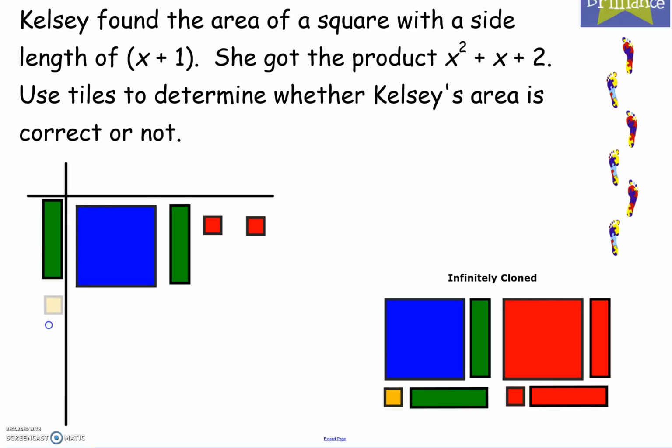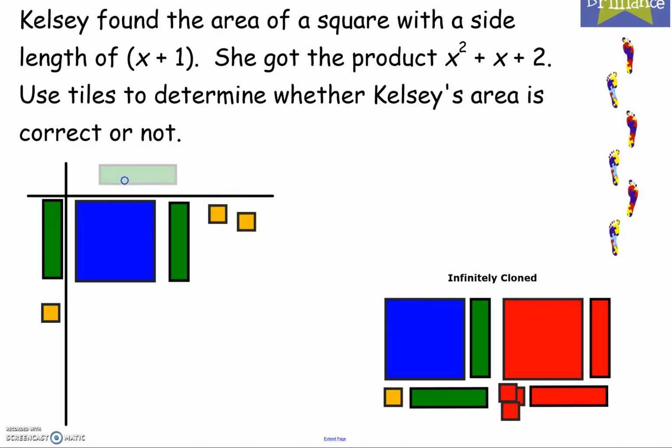So now we have to decide what our other factor is going to be. Alright, so x, so this has to be an x. And if I have one x and I already have the x here, this has to be a unit.